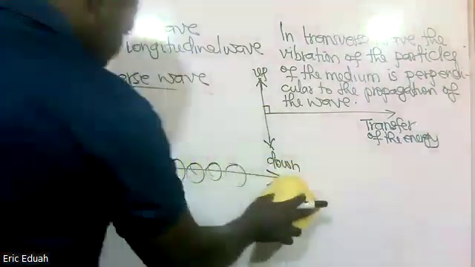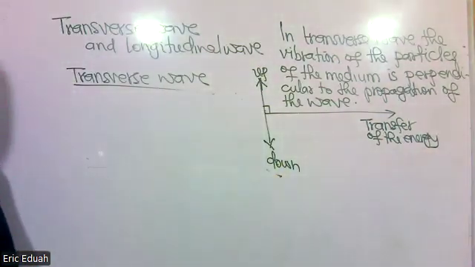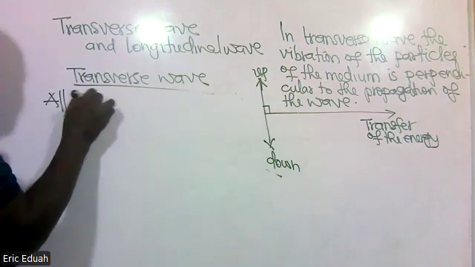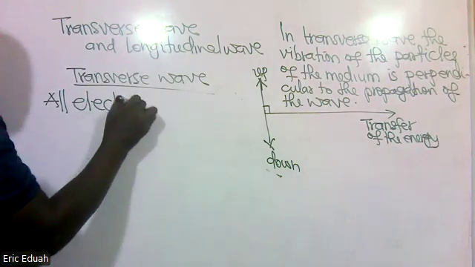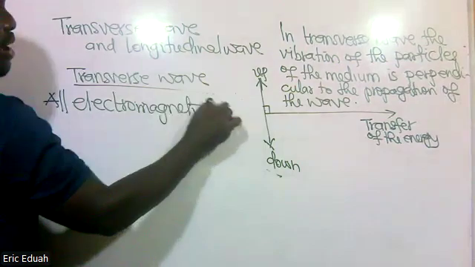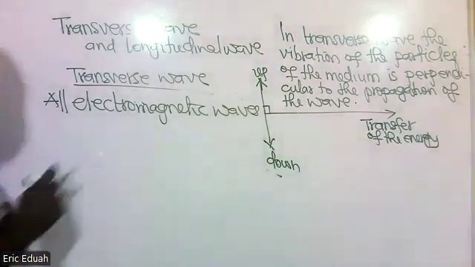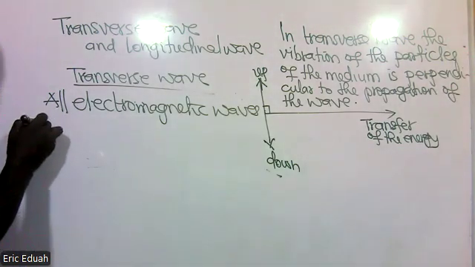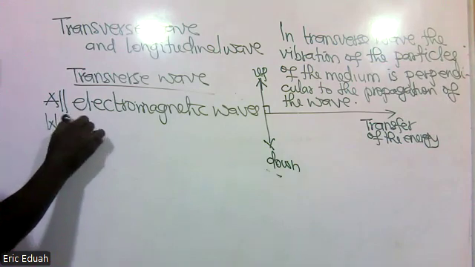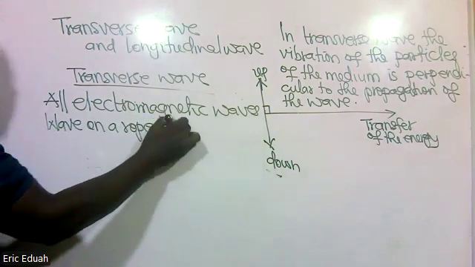And examples of waves that can be classified as transverse, we have all electromagnetic waves. Electromagnetic waves are transverse waves. Apart from all electromagnetic waves, other examples of transverse wave can be wave on a rope, earthquake or seismic wave.